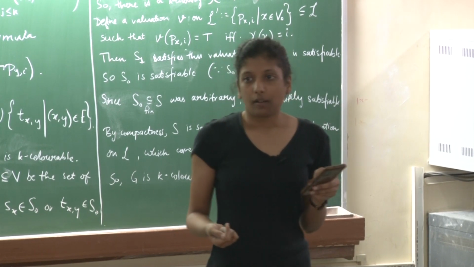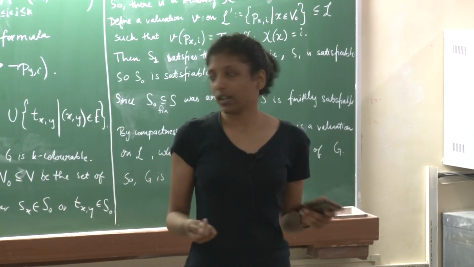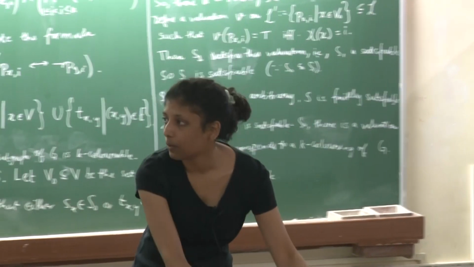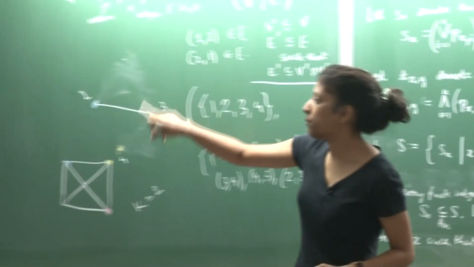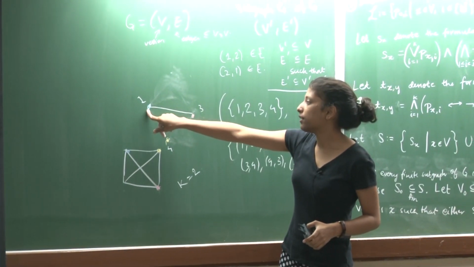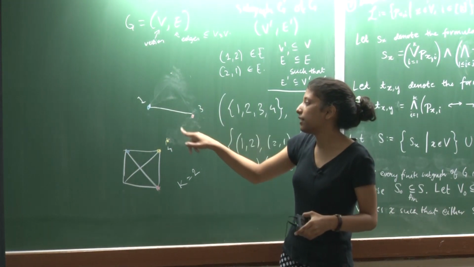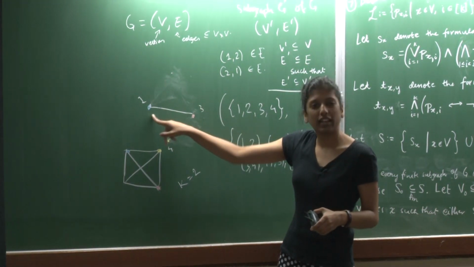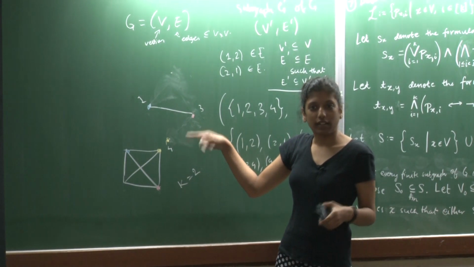What happened here? I removed some vertices and edges, the subgraph and the coloring that was left. Is this a valid 3 coloring of this graph? Right?